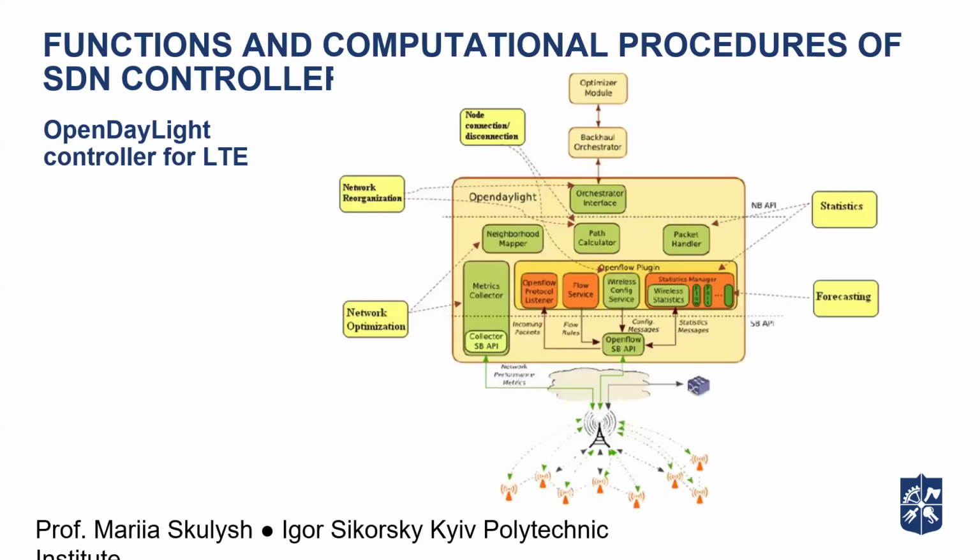One example is the OpenDaylight controller for LTE. Actually, this picture is not so new, maybe 4 or 5 years old, but I like this picture because it highlights the main processes for the controller. So OpenDaylight is a controller for base stations. A base station is one of the nodes on a telecom network, and we have to understand how information should be transmitted.